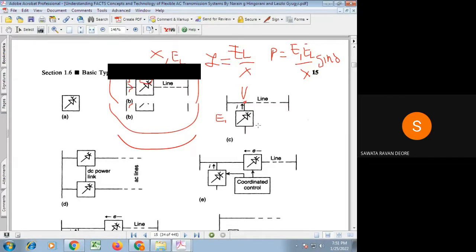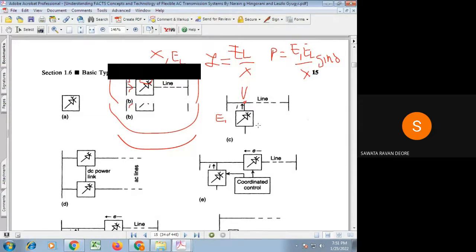That means the objective of a shunt compensator is to maintain the voltage at its point of connection at the desired value. So if your objective is to maintain a particular bus voltage at the desired value, you can go with a static shunt compensator, like the capacitor banks we use in substations to keep the end bus voltage constant with variation in the load.